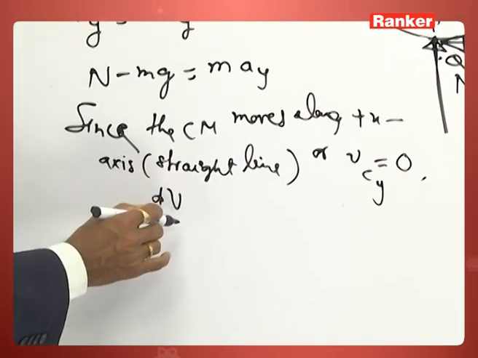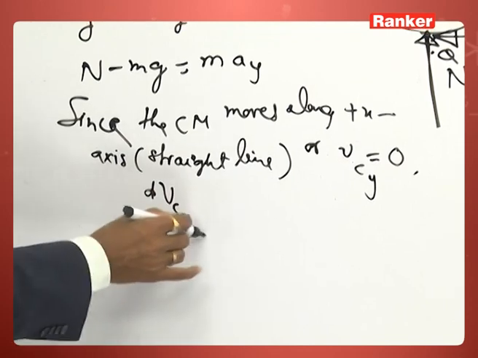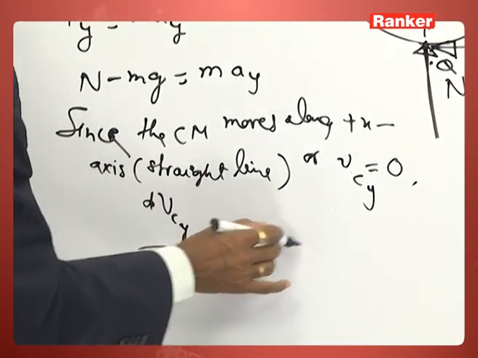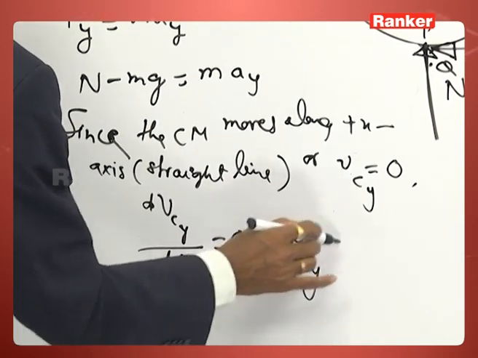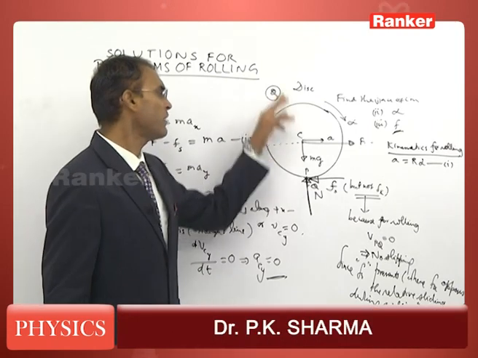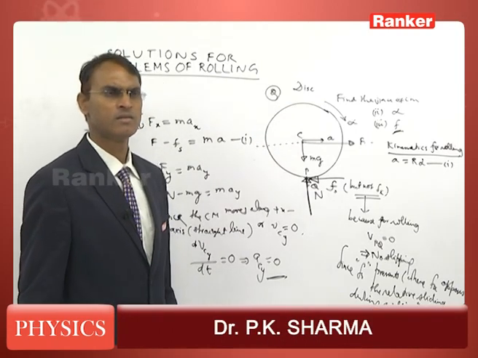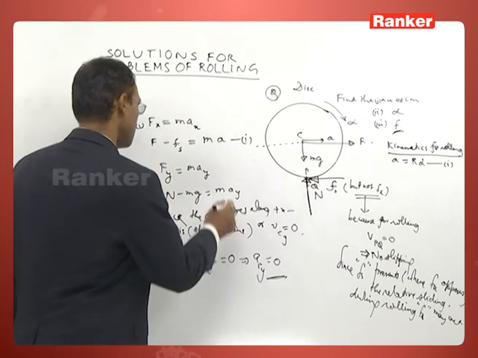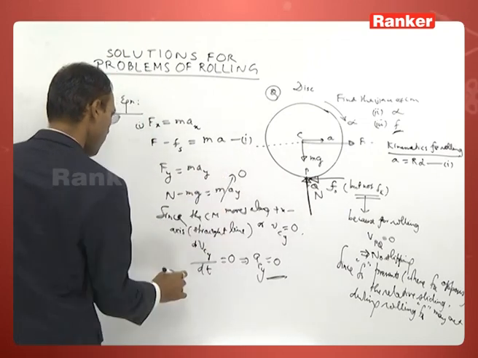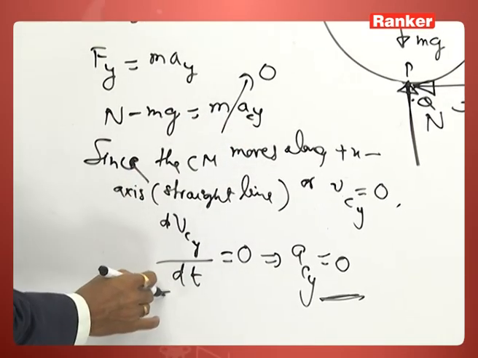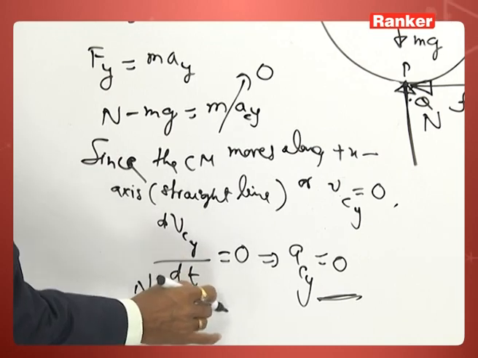The derivative of its velocity along y direction with respect to time will be equal to 0. Therefore, the center of mass acceleration along y direction will be equal to 0. This is not moving along y direction. Since ay will be equal to 0, N must be equal to mg. Equation number 2.